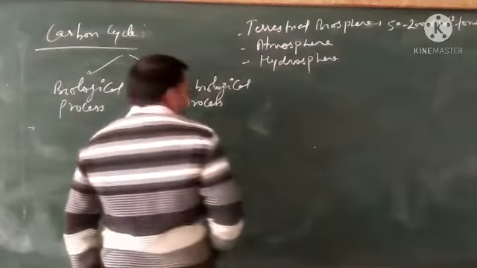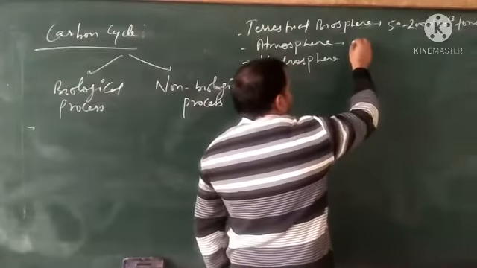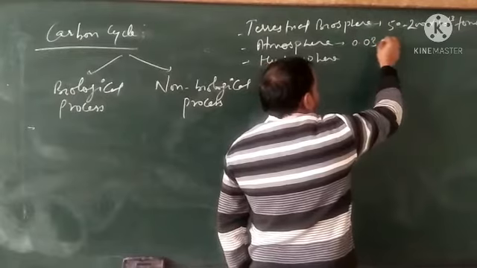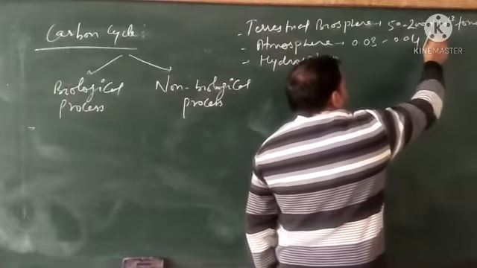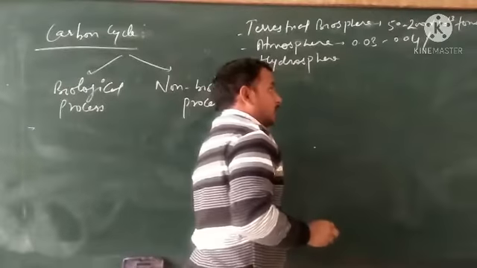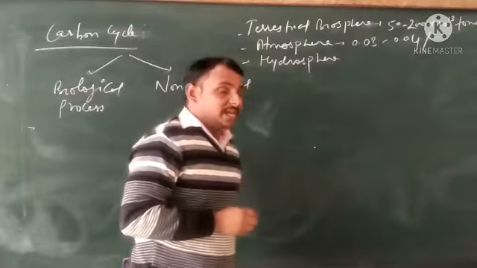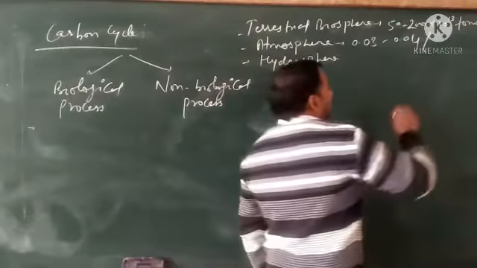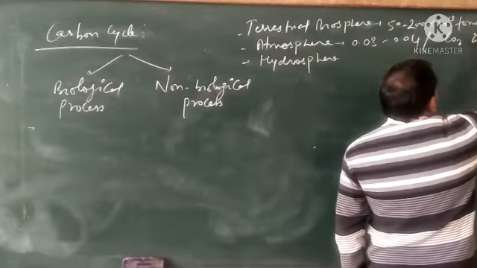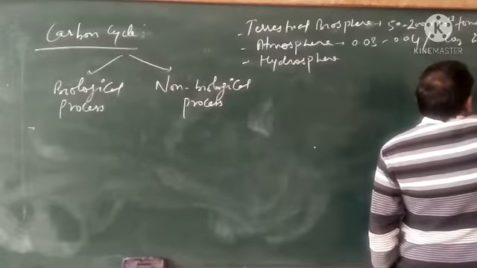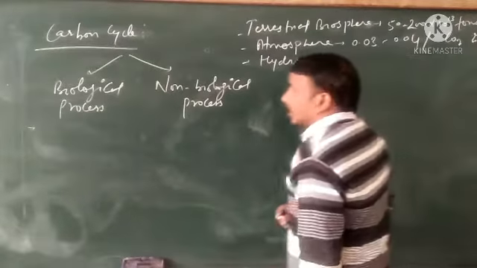In the atmosphere, the carbon is about 0.03 to 0.04% of the total environmental gases, present in the form of CO2 and methane gases.